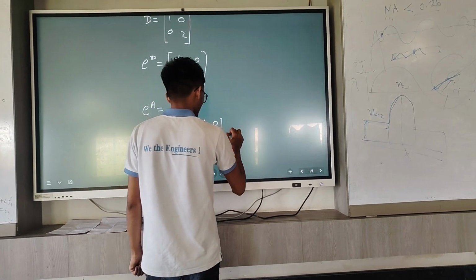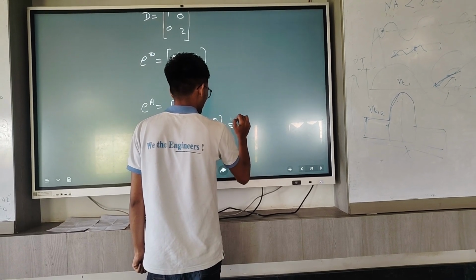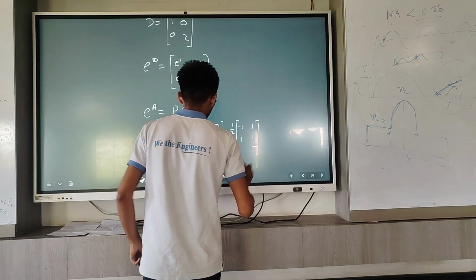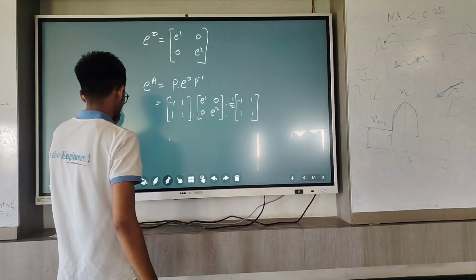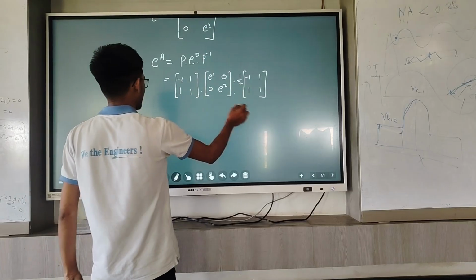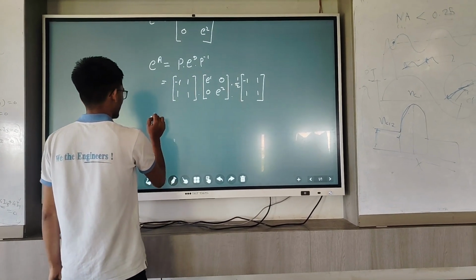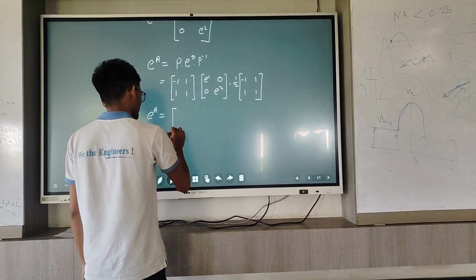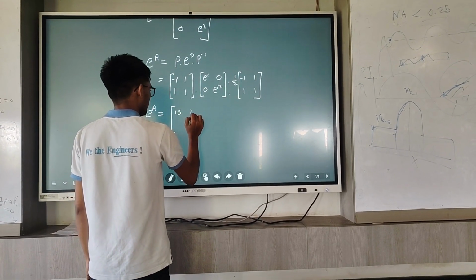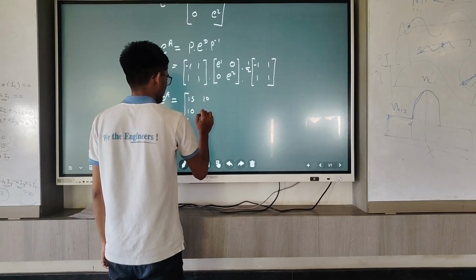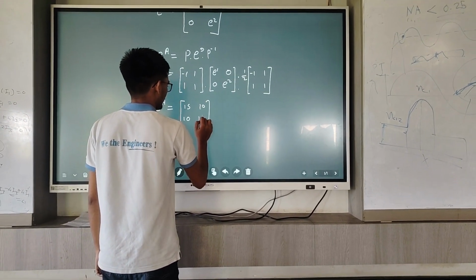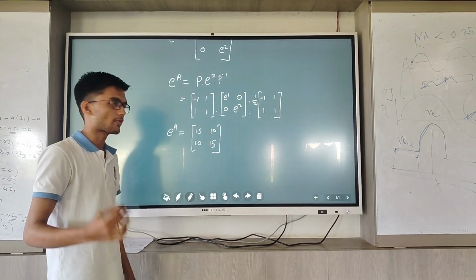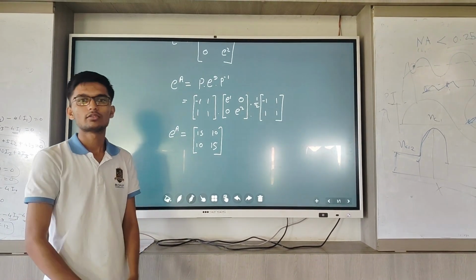So P inverse is 1 upon 2 minus 1. Now multiplying both of these, we get e raised to A. So here we will find the function of square matrix in the form of e raised to A. So thank you for listening.